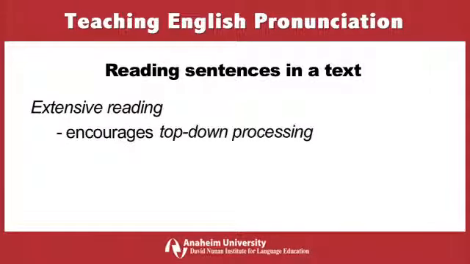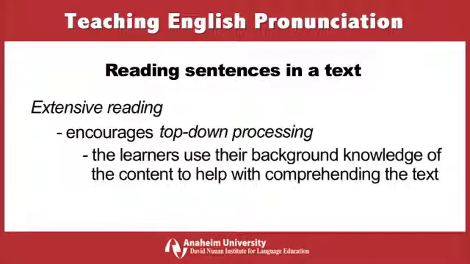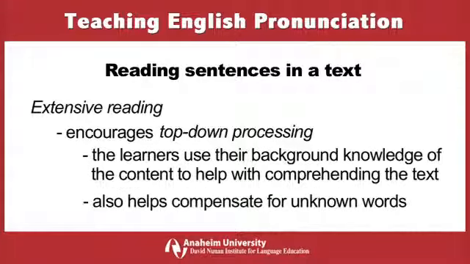Extensive reading encourages top-down processing. Now, top-down processing is when the learners use their background knowledge of the content to help with comprehending the text. And learners can use their background knowledge and the context of the text to compensate for unknown words as well.